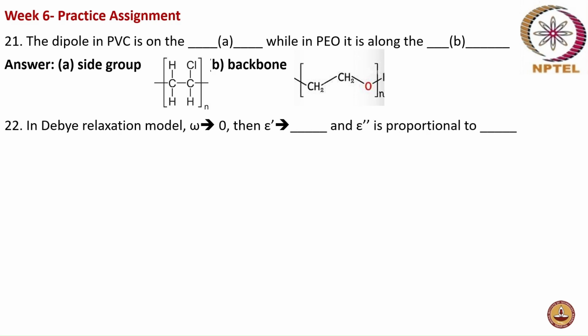Next, in Debye relaxation model, when frequency tends to 0, then dielectric permittivity tends to dash, and your dielectric loss is proportional to dash. At very low frequency, what happens to permittivity and what happens to dielectric loss?